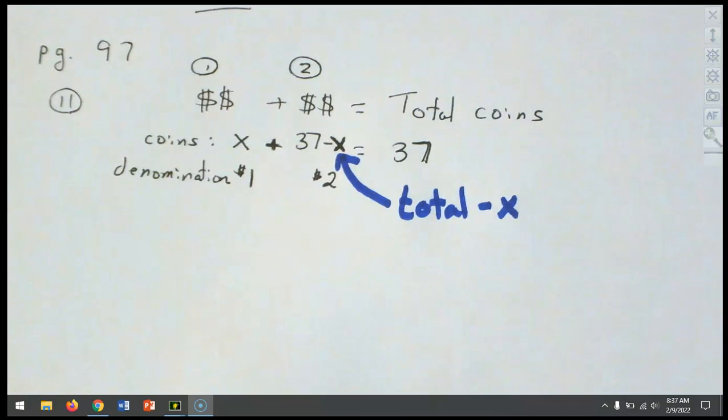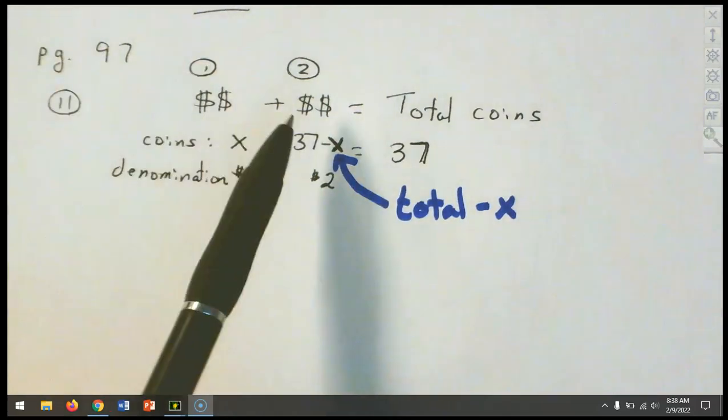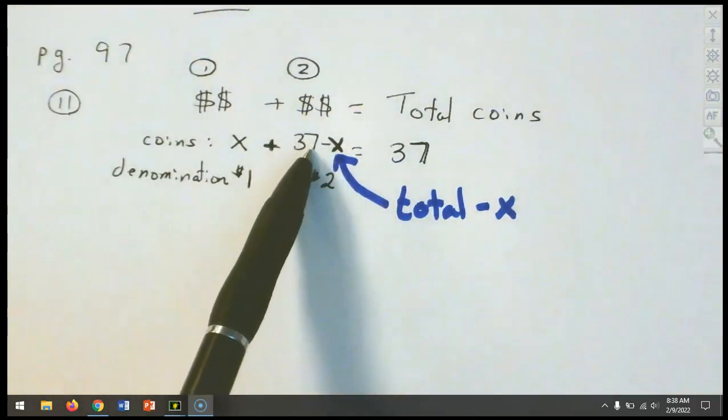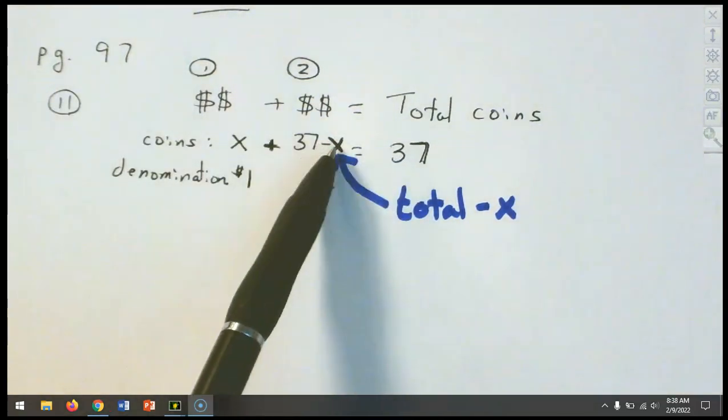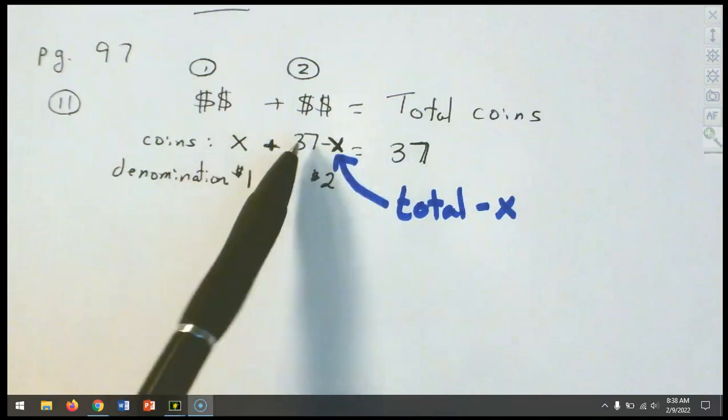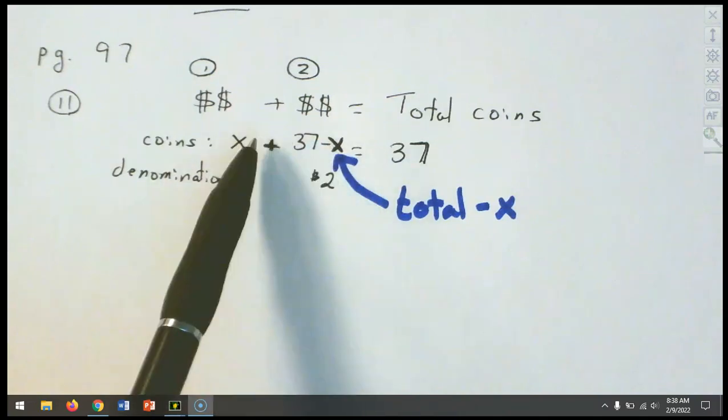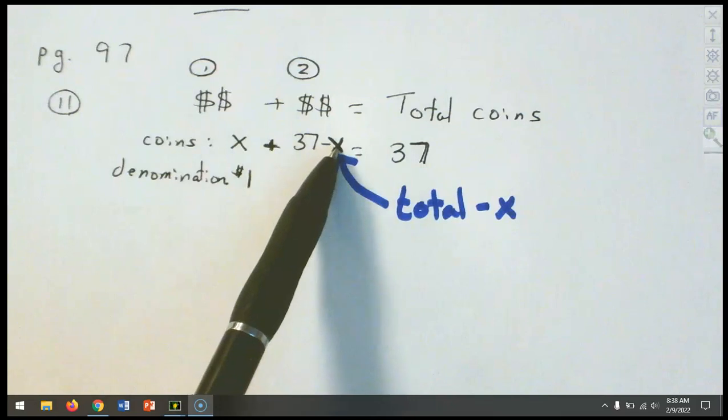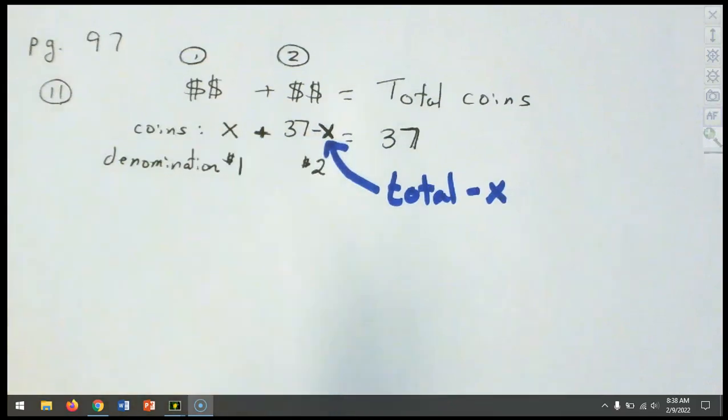The 37 is how many physical coins I have if I laid them out on the table. So I have 37 coins on the table. We call the first one x. We call the second one 37, which is our total number of coins, minus x. And those x's now, they do what? Cancel if you add across, because one is positive, one is negative.